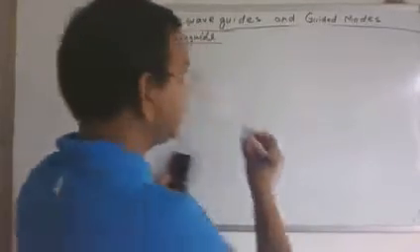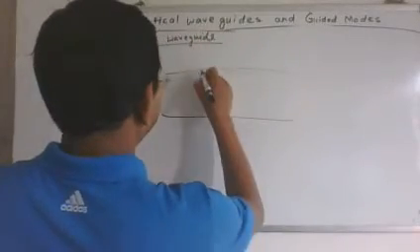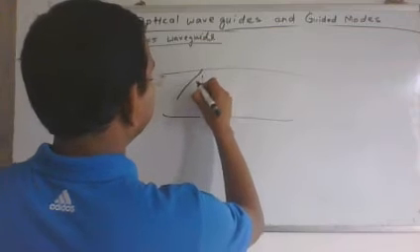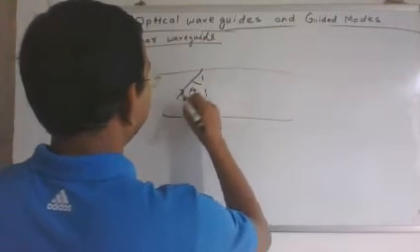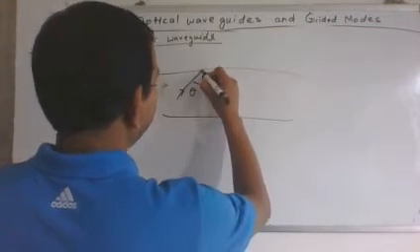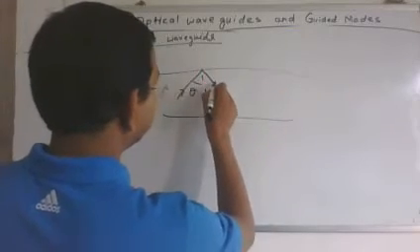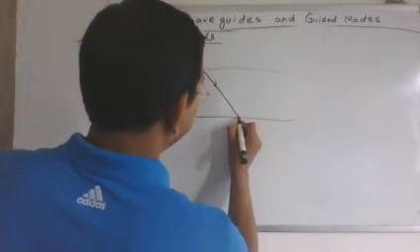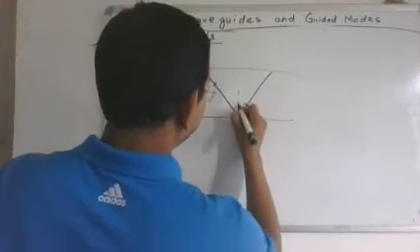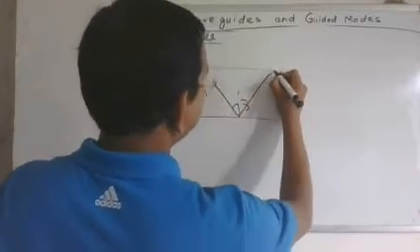Now if the incident angle is greater than the critical angle, light launched at this angle will be totally internally reflected from this surface, and again from this surface it will be totally internally reflected, and from here again.